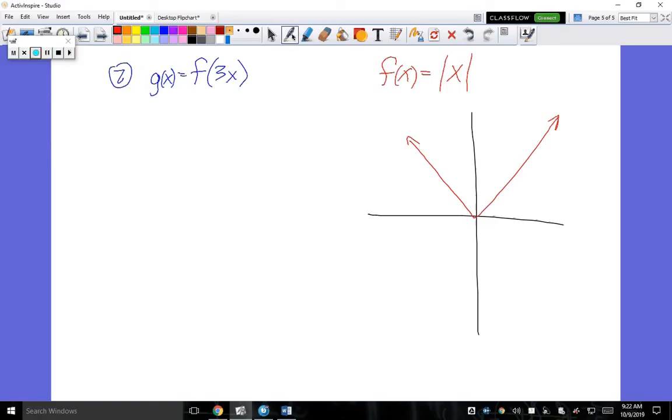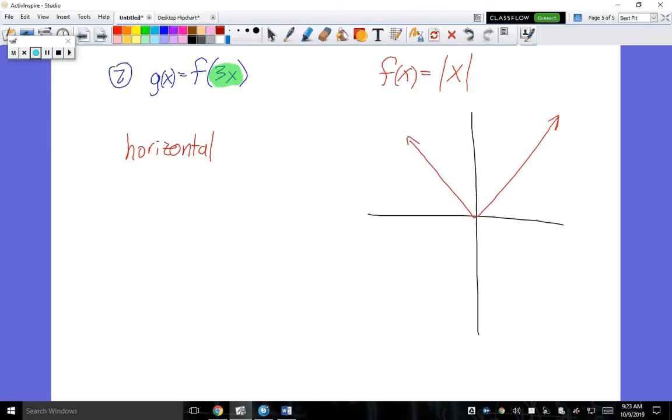Let's go through our steps. Horizontal or vertical? Horizontal, because it's with the x. I'm multiplying by 3. So what kind of transformation could it be?